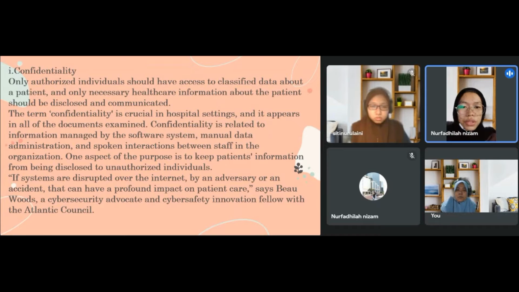One aspect of the purpose is to keep patient information from being disclosed to unauthorized individuals. If systems are disrupted over the internet by an adversary or an accident, that can have a profound impact on patient care, says Bill Wood, a cybersecurity advocate and cyber safety innovation fellow with the Atlantic Council.